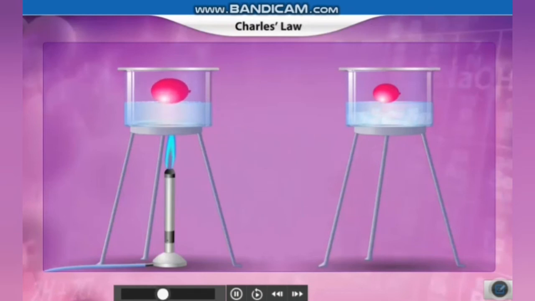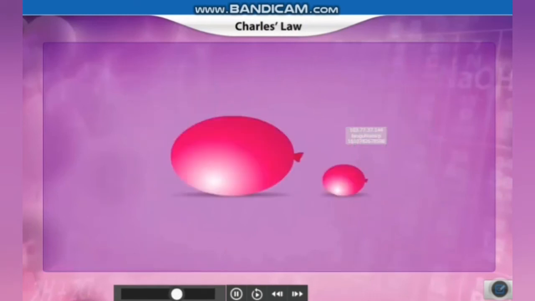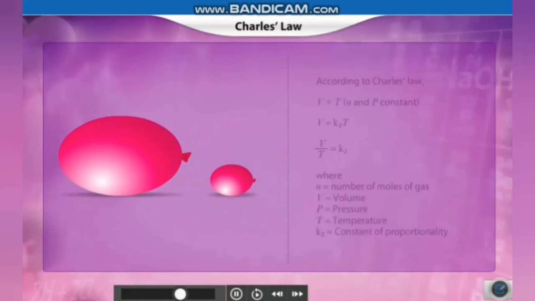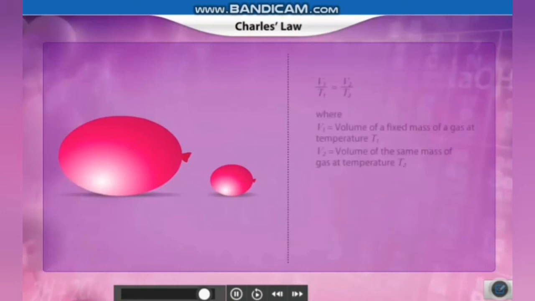After some time, you can see the size of the balloon which is under high temperature increases, it becomes more inflated, while that of the ice jar decreases. So that shows as temperature increases, volume also increases, where V is directly proportional to T at constant pressure. So from this, it is very clear that V by T is equal to a constant. Hence, V1 by T1 is equal to V2 by T2.